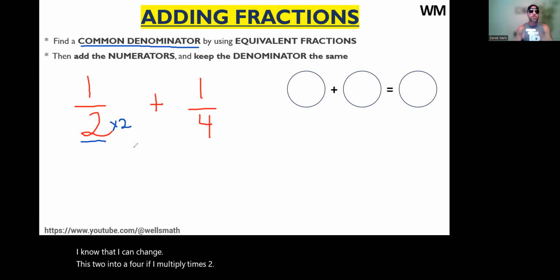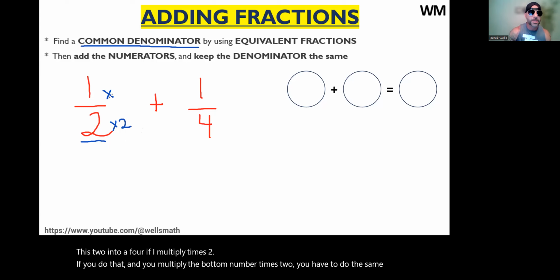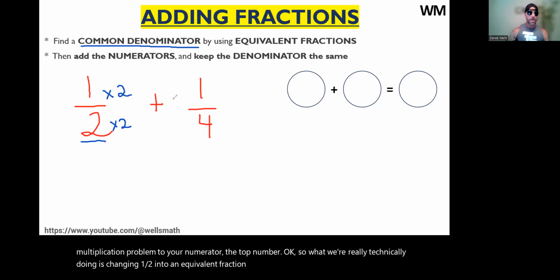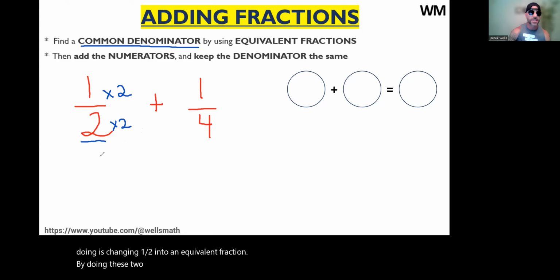Now, if you do that and you multiply the bottom number times 2, you have to do the same exact multiplication problem to your numerator, the top number, okay? So what we're really technically doing is changing 1/2 into an equivalent fraction by doing these two multiplication problems. So 1 times 2 is 2, and 2 times 2 is 4.